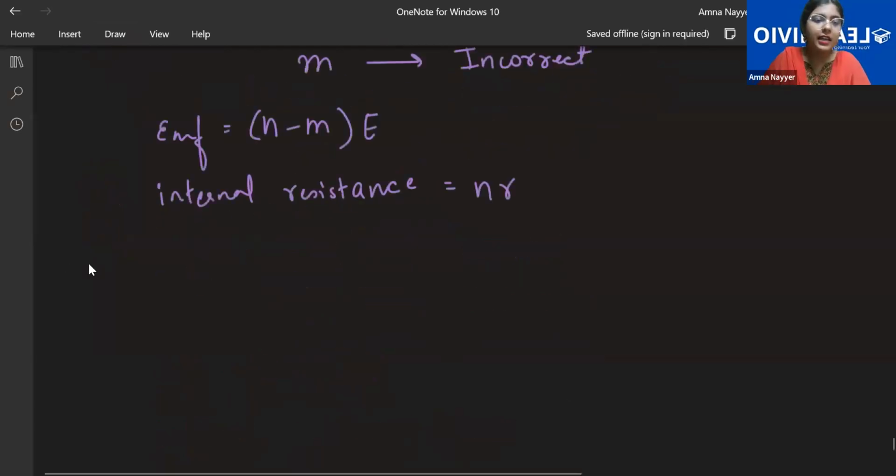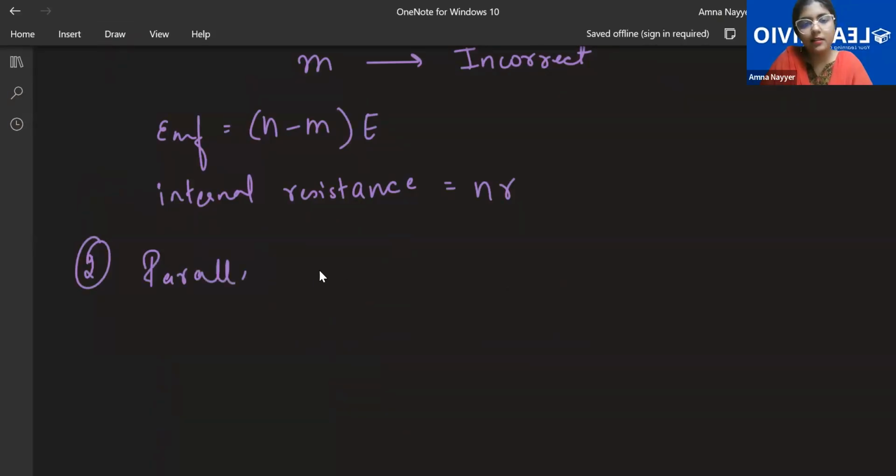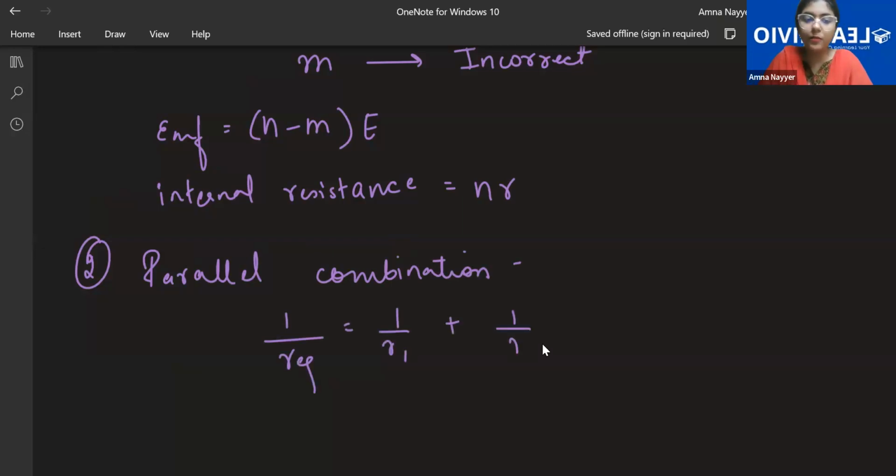And if they are connected wrongly in the parallel combination, see, when they are wrongly connected, R equivalent will be calculated as it is. 1 by R equivalent will be 1 by R1 plus 1 by R2.